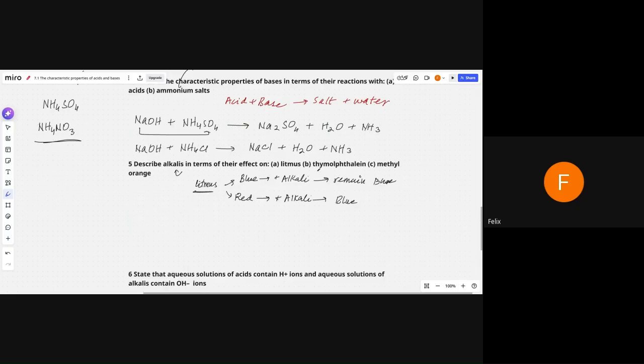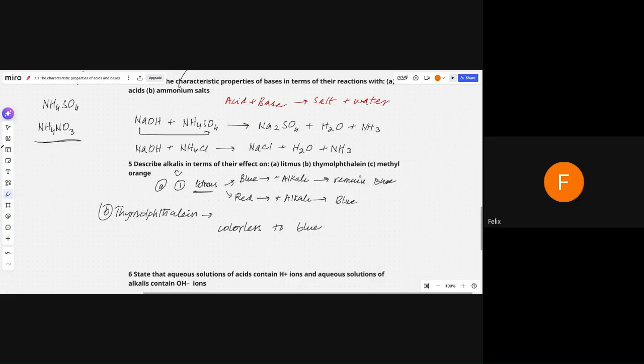Remember that when we were adding acid to thymolphthalein, it stays colorless, but with an alkali it changes from colorless to blue.